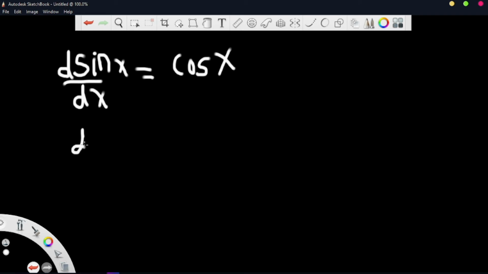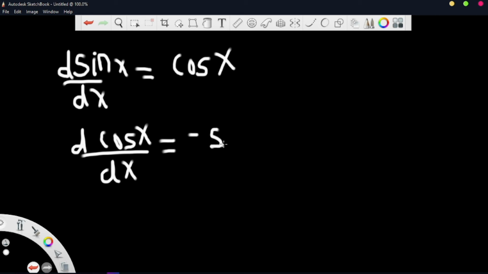And then d cos x over dx is equal to minus sine x. And then now we're going to have d tan x, because you know that tan is sine over cos.